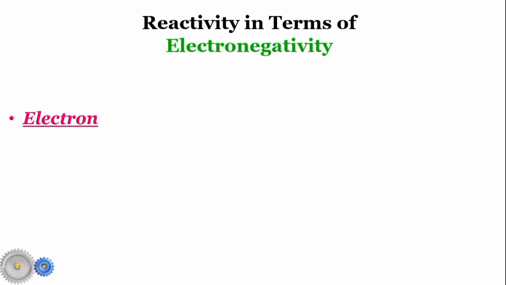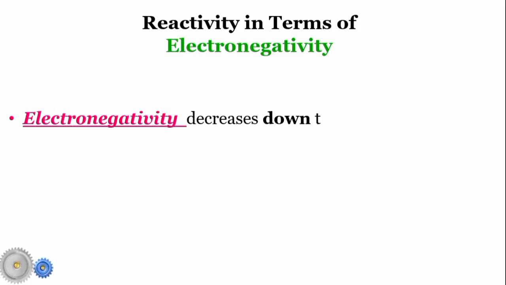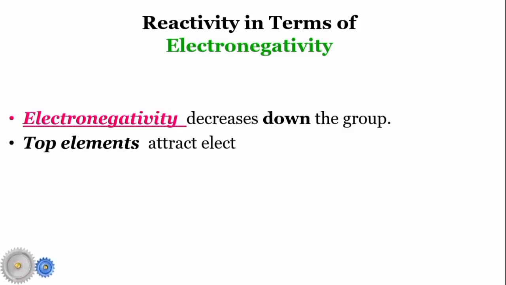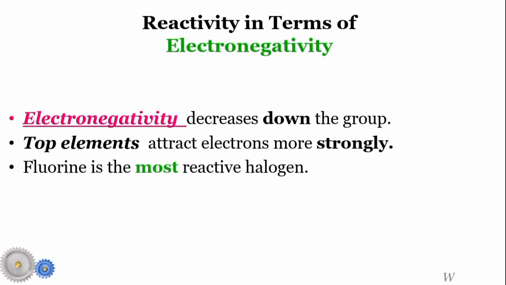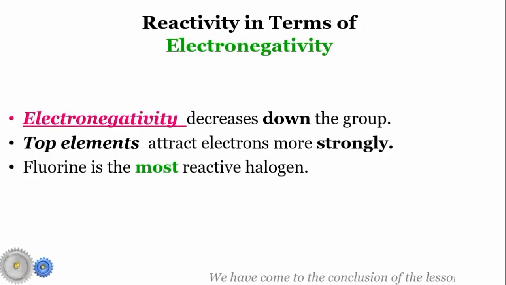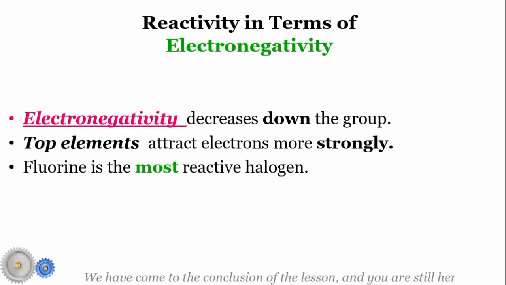We are going to say electronegativity decreases down the group. Top elements attract electrons more strongly. Fluorine is the most reactive halogen. So we have seen that elements with a small number of shells are more reactive than elements with a big number of shells.